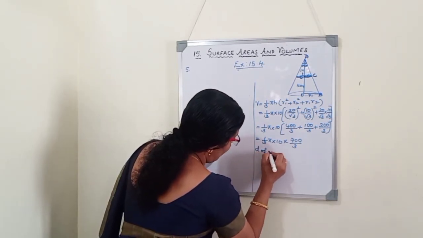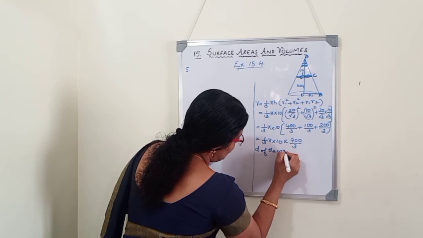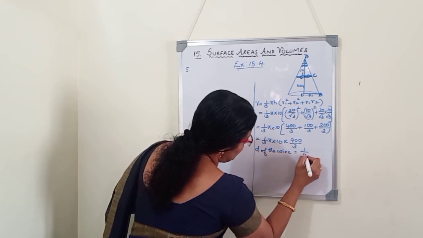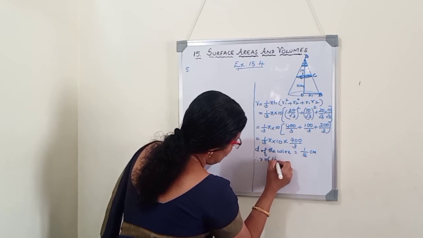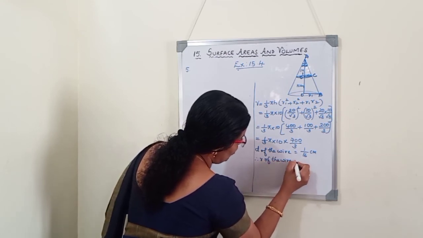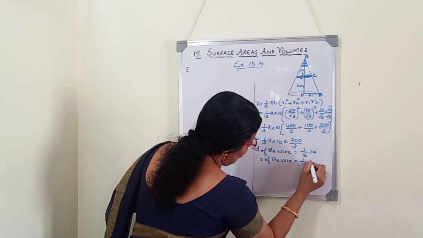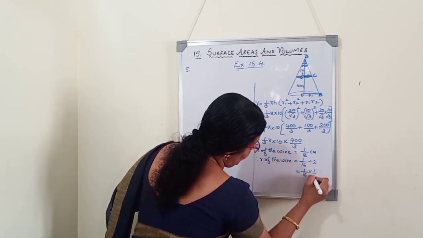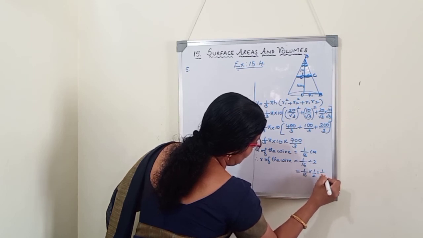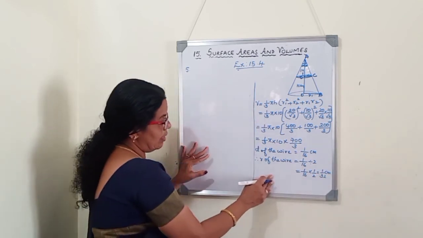Diameter of the wire or cylinder is 1 by 16 centimeter. Therefore, radius of the wire equals diameter by 2. 1 by 16 divided by 2 means multiply with the reciprocal, so it is 1 by 2. 1 by 32 centimeter is the radius of the cylinder.